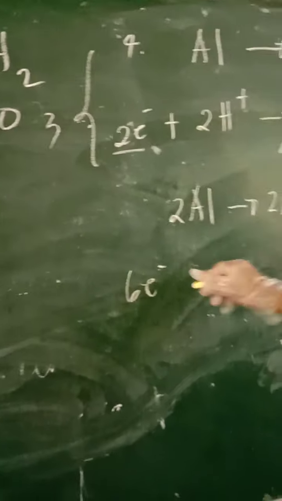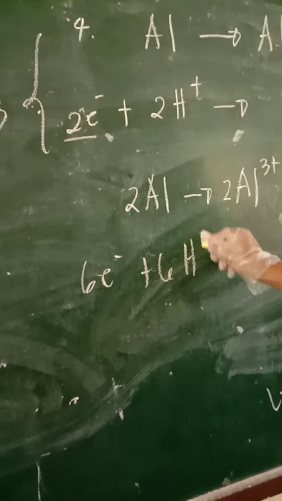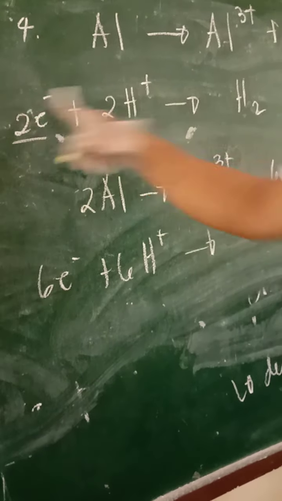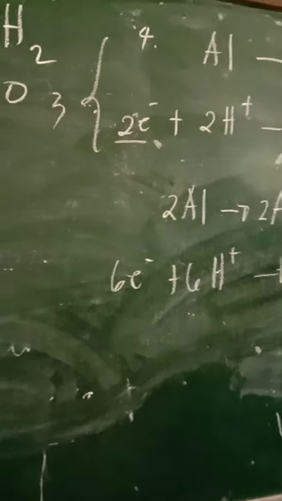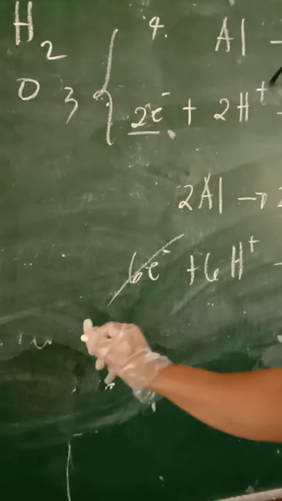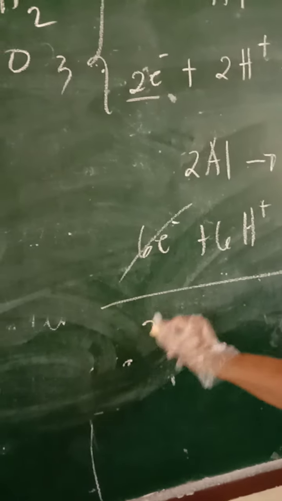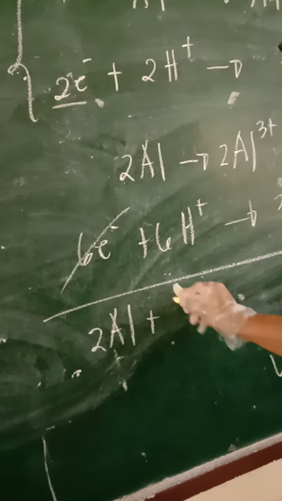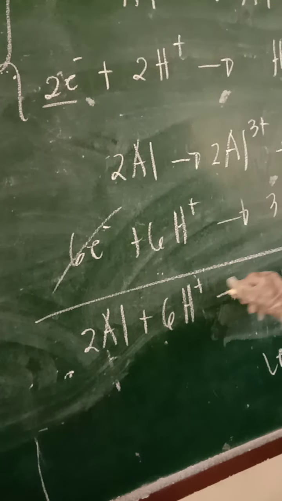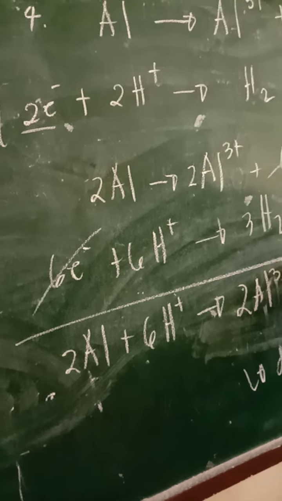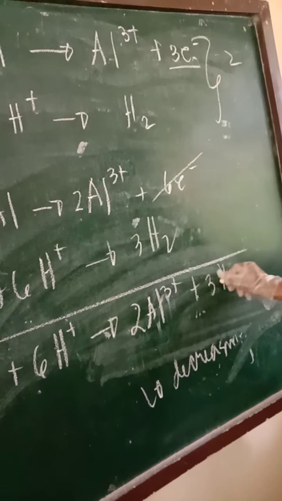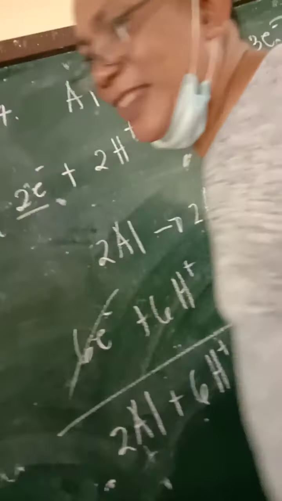The 3 times 2 becomes 6 hydrogen plus. Then 3 times this one becomes 3H2. So this time, we can cancel this out. The balanced equation is 2 aluminum plus 6 hydrogen plus gives 2 aluminum 3 plus, plus 3 hydrogen gas. And this is the balanced equation. Okay, that's it. Thank you.